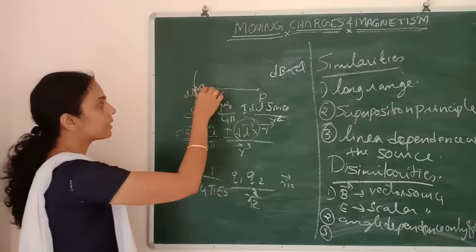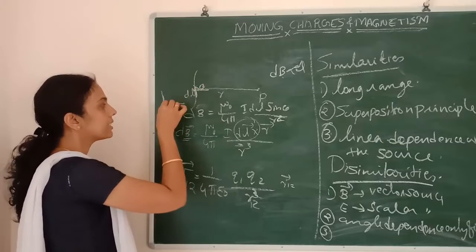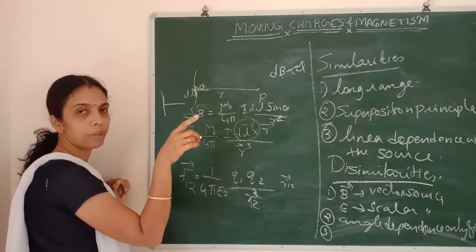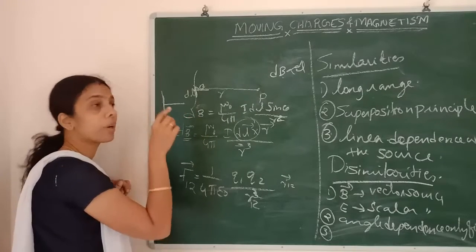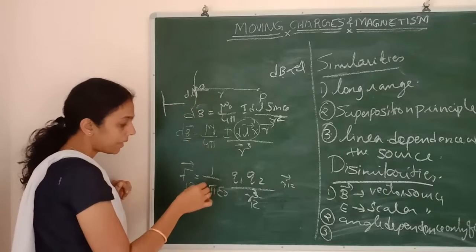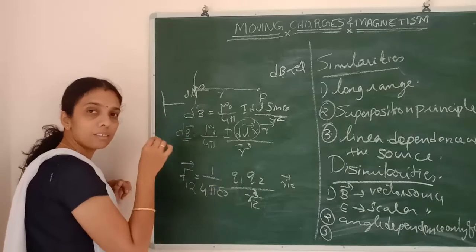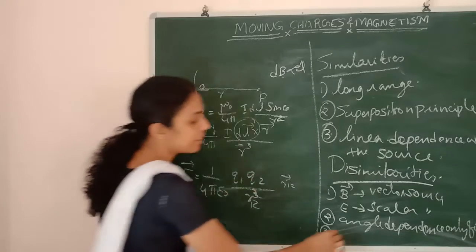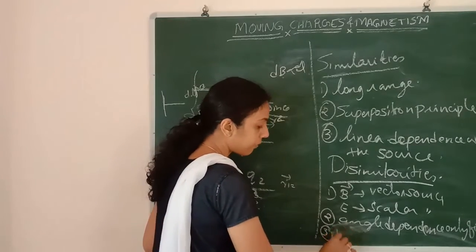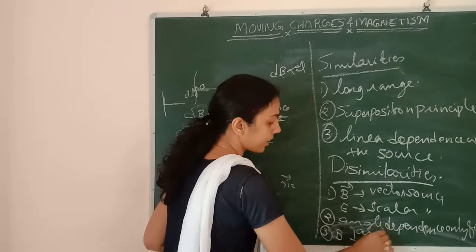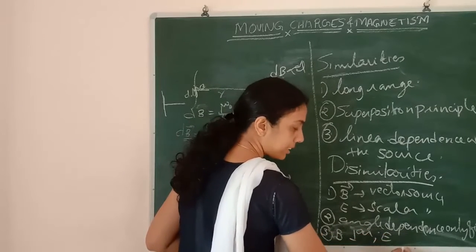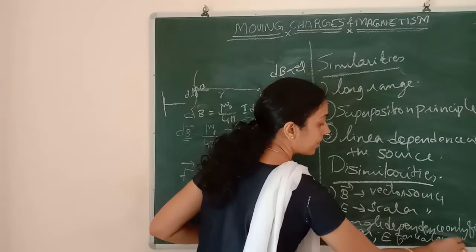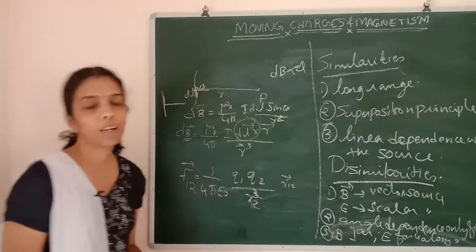Say the tangent is like this, and R will be the perpendicular component; we will be considering the perpendicular component of dL to R. But in the case of the electric field we will be considering the force which is acting through R. So in the case of the magnetic field we are considering the perpendicular component, but in the case of the electric field we will be considering force along R.